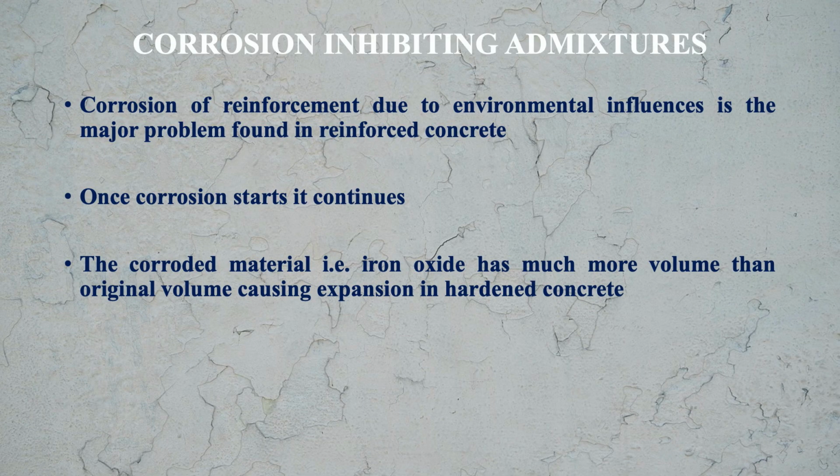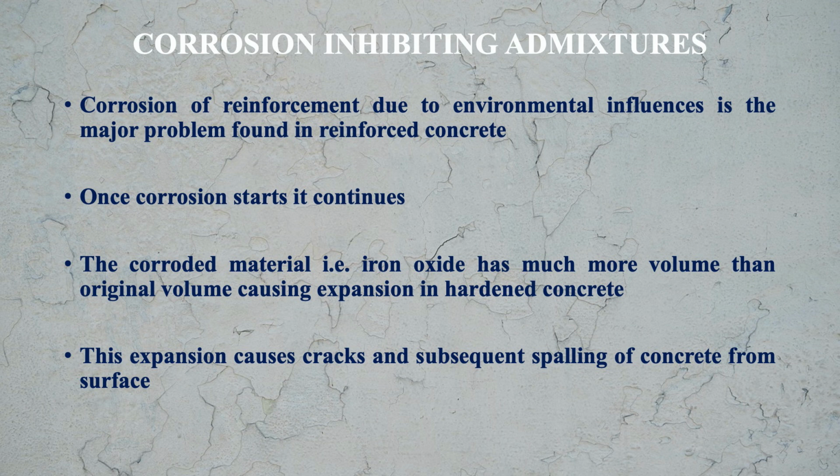The corroded material, that is iron oxide, has much more volume than the original volume of steel, causing expansion in hardened concrete. This is the biggest problem. What is that corroded material? After corrosion, what is produced? Iron oxide is produced. And the volume of iron oxide is much more than the iron.